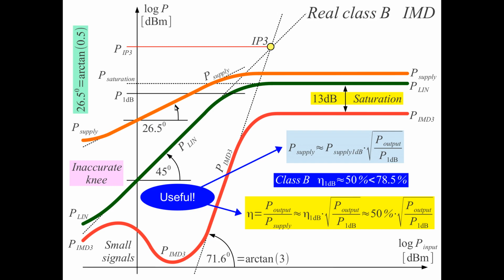This power drain decrease, unfortunately, is not parallel to the linear power curve, because the linear power increases with the square of the amplitude, while the supplied power requested from the supply only increases linearly with the amplitude of the driving signal.